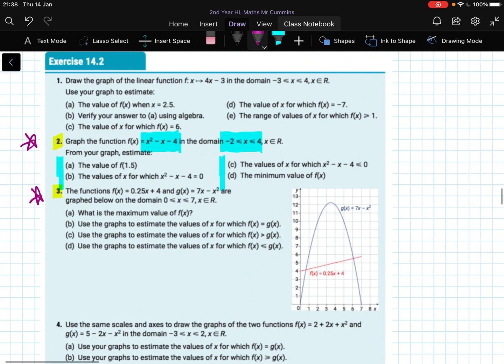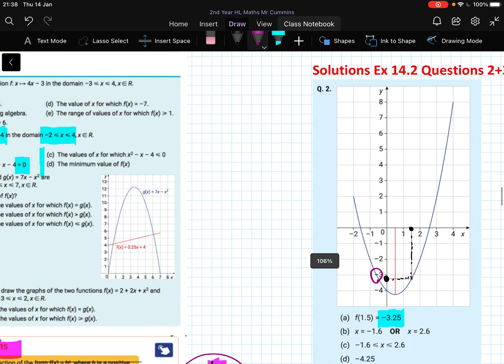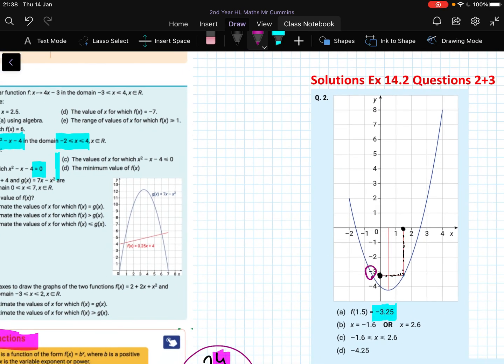Okay, back over to the question. What else did they ask us to do? The values of x for which x squared minus x minus 4 equals 0. So where does our function equal 0? Let's go back over to our solution. If they mean where does it equal 0, they mean where does it cross the x-axis. We can see that our graph crosses the x-axis here and here.